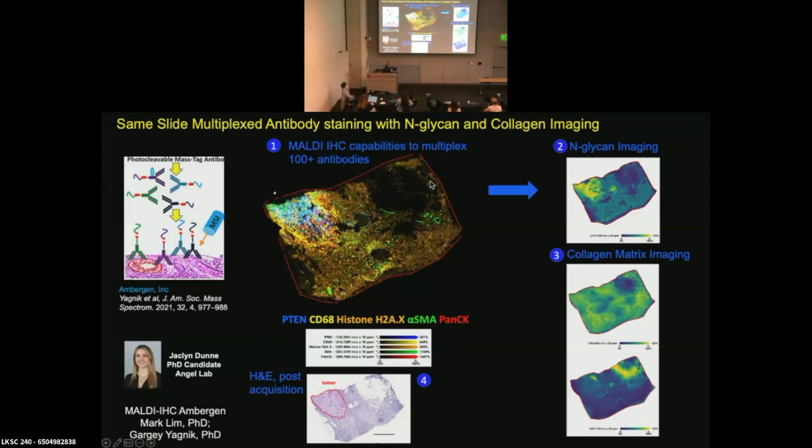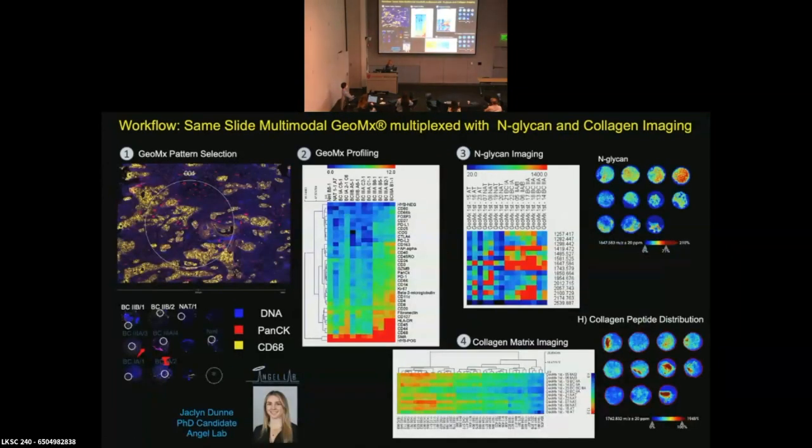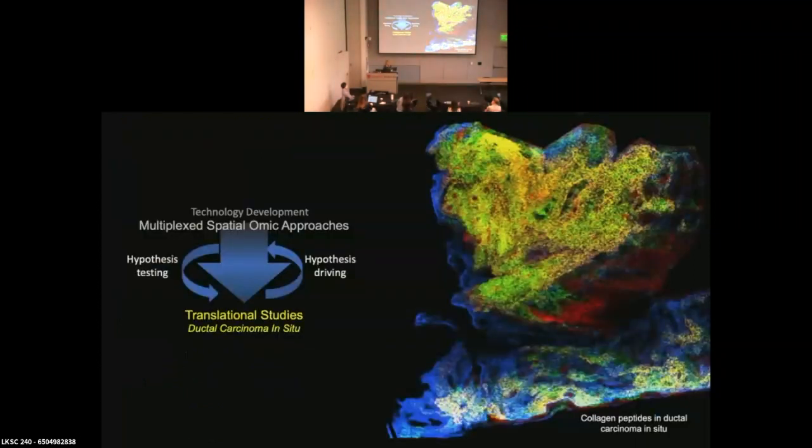And so our finding was that using different approaches with antibodies, if we did antibodies first, followed by the N-glycan and collagen, then we got the best response from all modalities. And so we can certainly do a lot of multiplexed immunohistochemistry type of approaches.